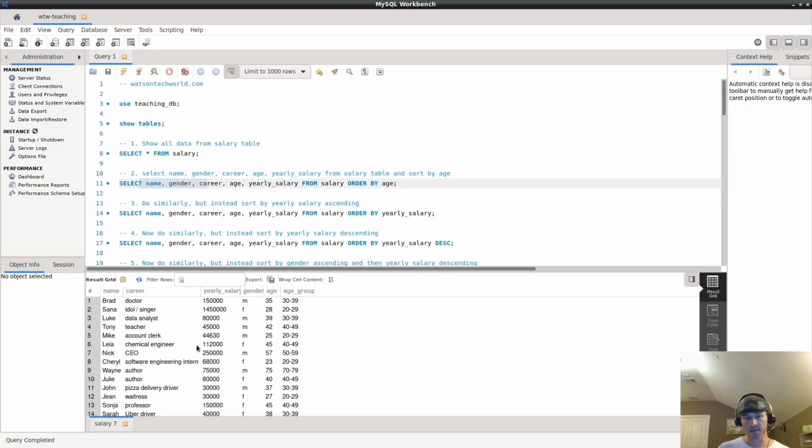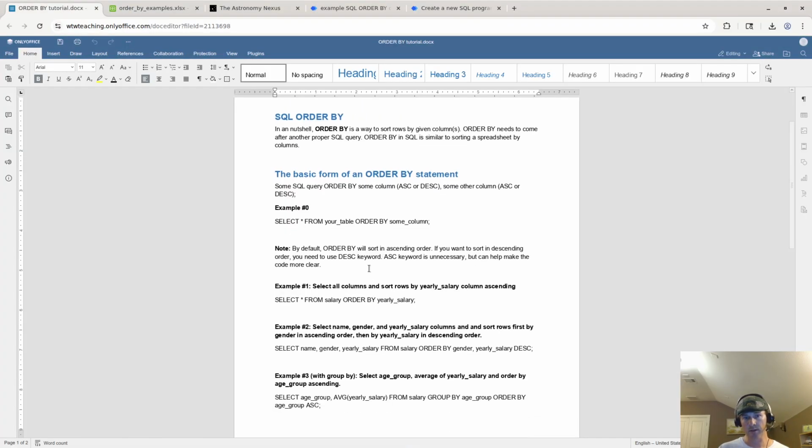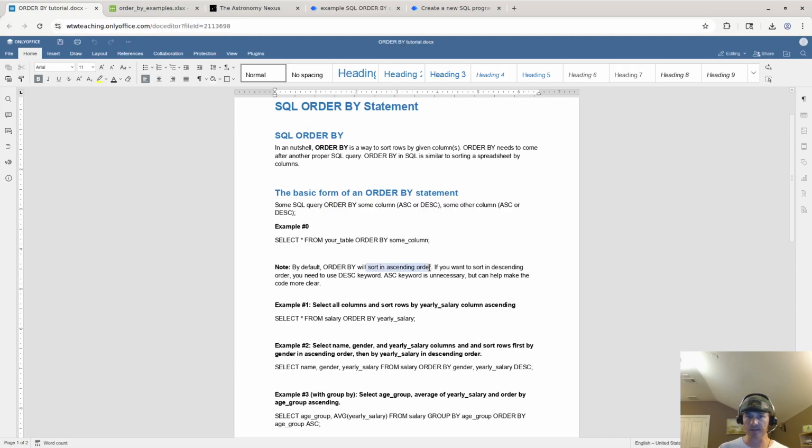Now let's say, for example, we have the name, career, age, and yearly salary. We want to select these four columns from the salary table. Now let's order by, that means sort by, and let's sort by age. By default, and I think I forgot to mention this, order by will sort in ascending order.